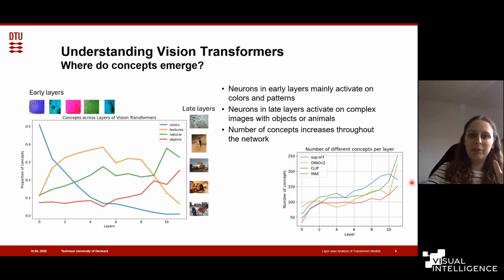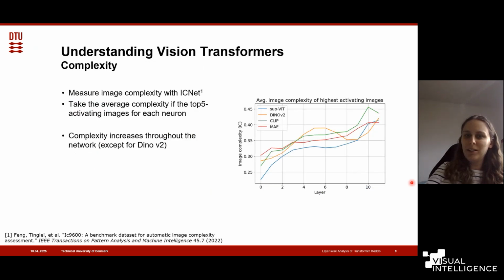And as you may have noticed, I use the words "more complex images" a lot. So we also wanted to measure if that is not just a feeling we have, but if the complexity of concepts that are encoded actually increases with the network.